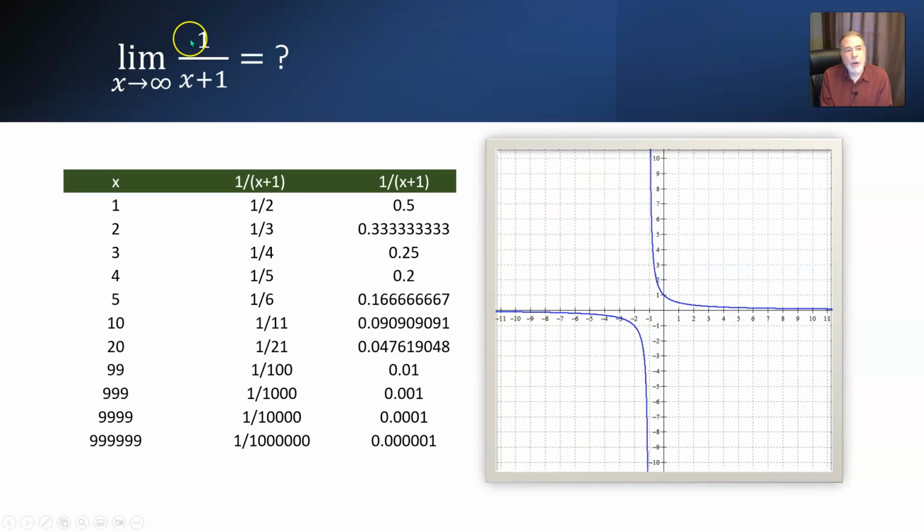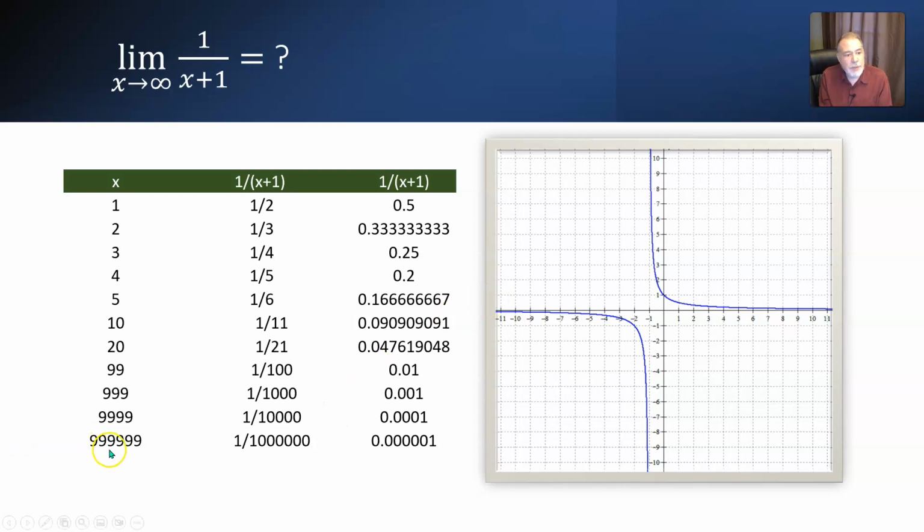What about if we just had 1 over x plus 1 and took the limit of that as x approaches infinity? Now we're getting numbers that are really, really close to 0. So the bigger x is, the bigger x plus 1 is, and the smaller, that is the closer to 0, 1 over x plus 1 is going to be.